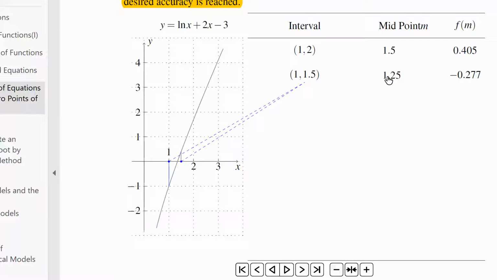You have another middle point, you choose a value, and this value is going to be negative. So you see 1.25, this value is negative, so it's down right here. Okay, and then you've got to choose these two points as an interval. Okay, 1.25, 1.5.